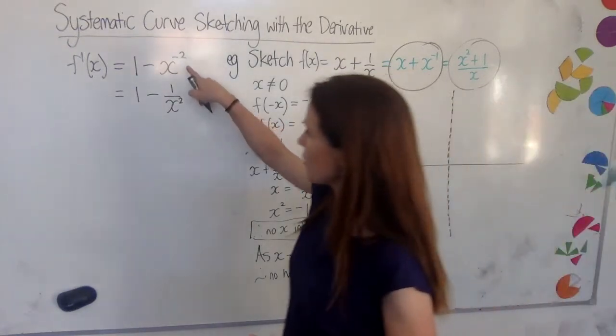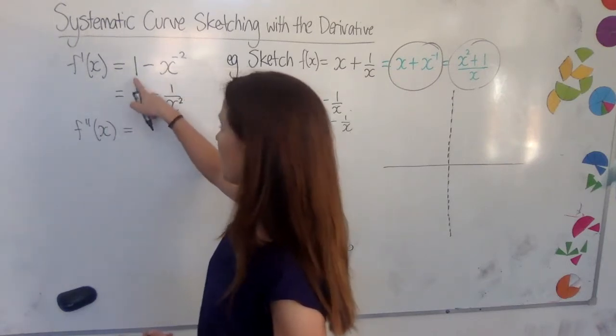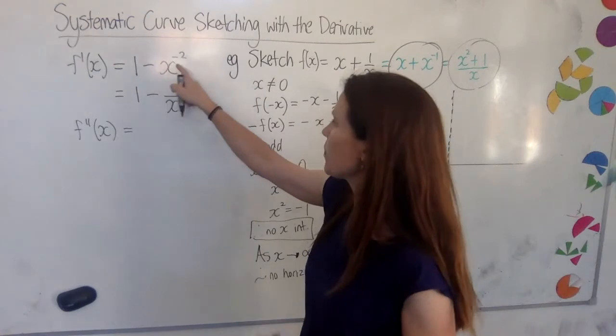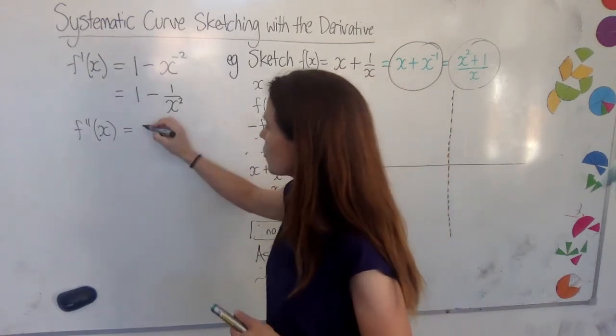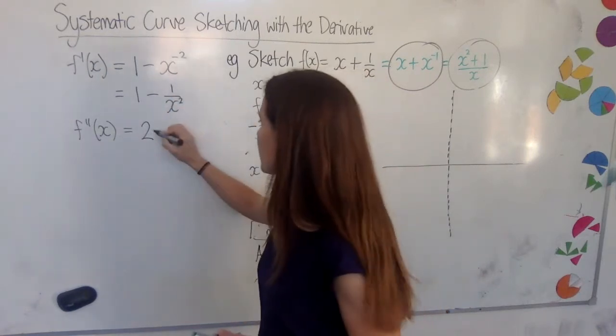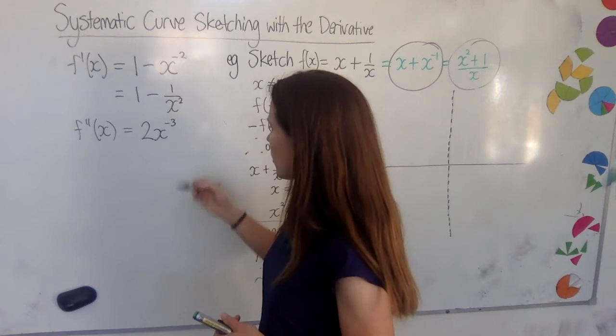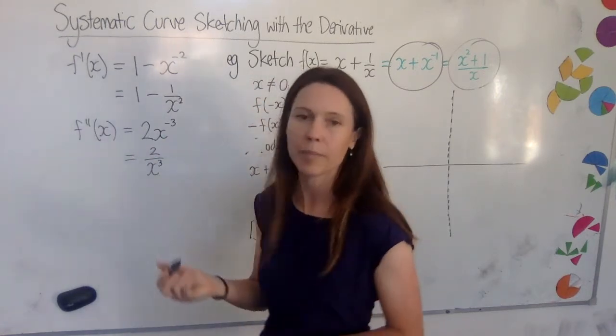Okay, now I can easily differentiate this again and get f double dash x. That part becomes nothing. And this part, the minus 2 comes down and joins the minus 1 that's already there. That makes 2. And then the x gets raised to the power of minus 3. So I've got it that way, or I could write it like this if I like.